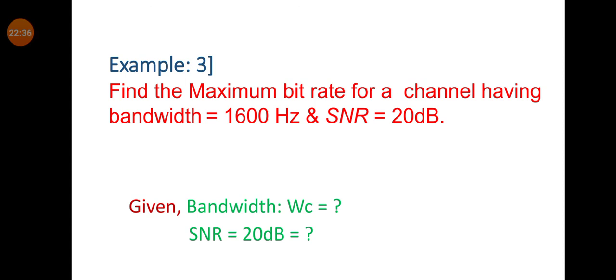So here concentrate on the bandwidth and its measure. It is given in Hz only. Then SNR is given in decibels, so you need to convert it. So based on this, find the maximum bit rate or maximum data rate or maximum channel capacity using the Shannon formula.